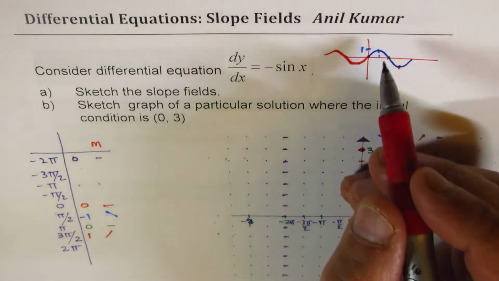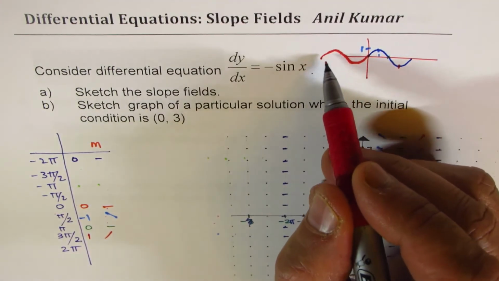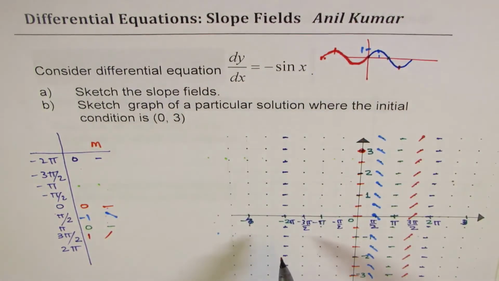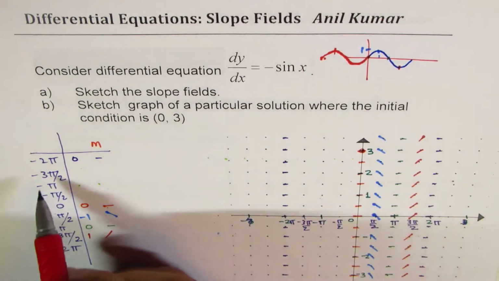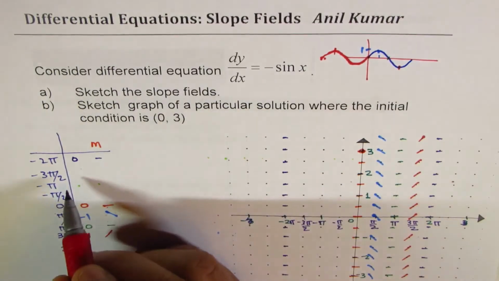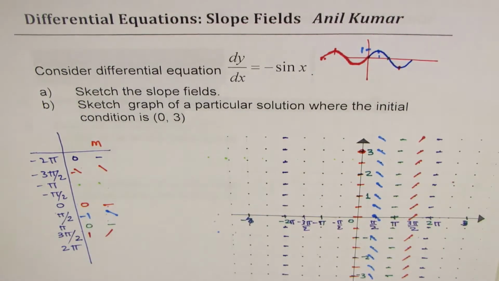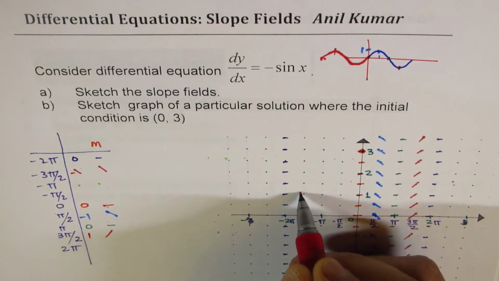Now, minus 3 pi by 2 means, come here, this is 2 pi, correct? And minus 3 pi by 2 is positive 1. So that means minus positive 1, negative here, right? So negative 1 means it will be dropping down like this. So we have a slope at minus 3 pi by 2, which will be like this.